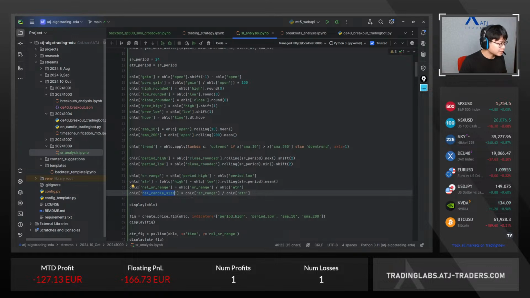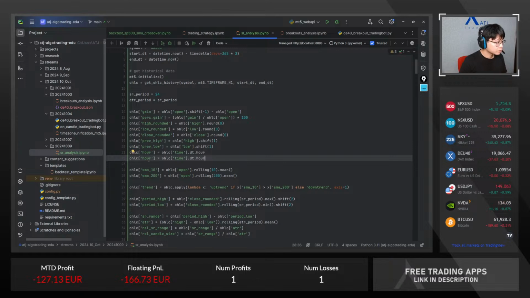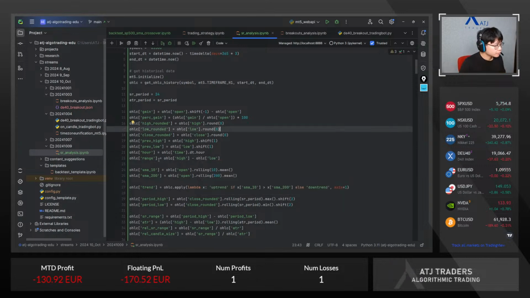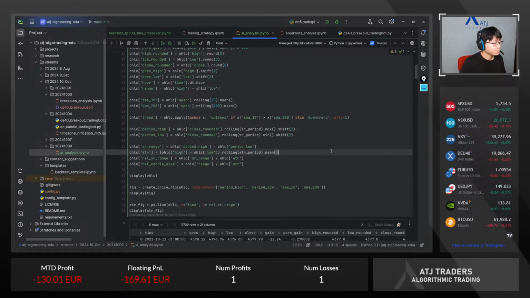So relative candle size is our candle range. Our range is OHLC high minus OHLC low. So it's the current range divided by the ATR that we've computed.